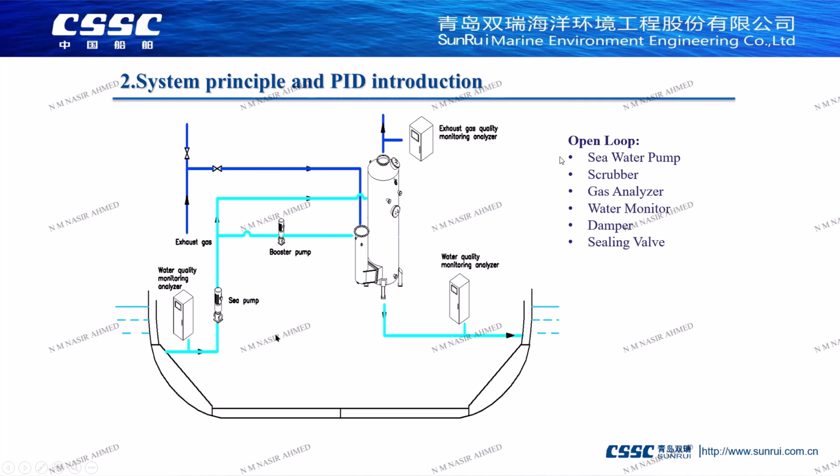As shown in the picture, blue is the exhaust gas emitted by the ship. The exhaust gas first passes directly through the smoke valve and then enters the tower. It is then washed with seawater.